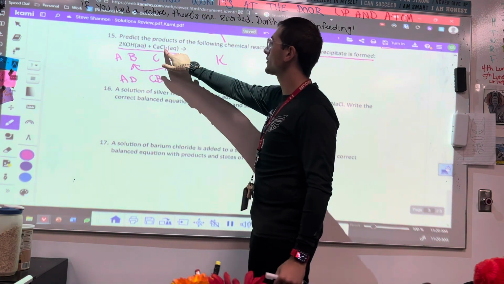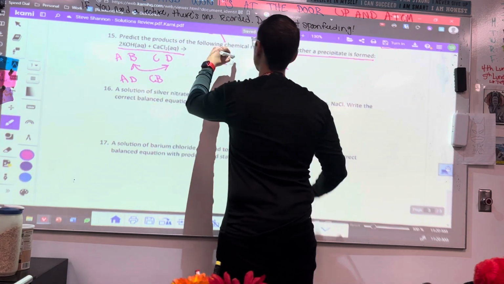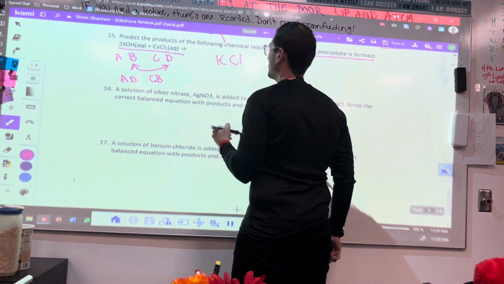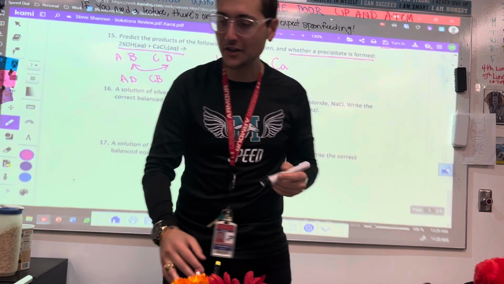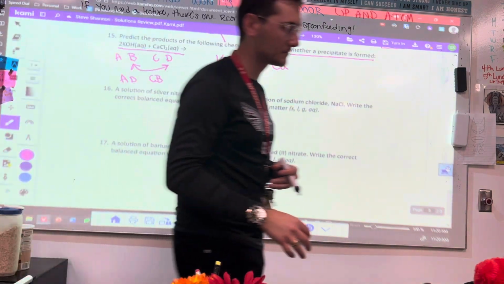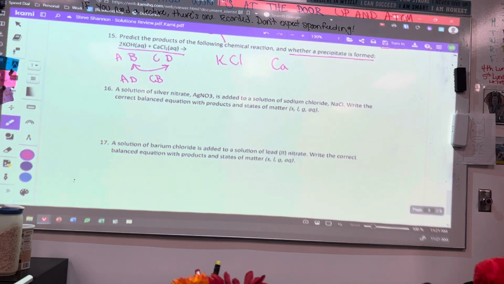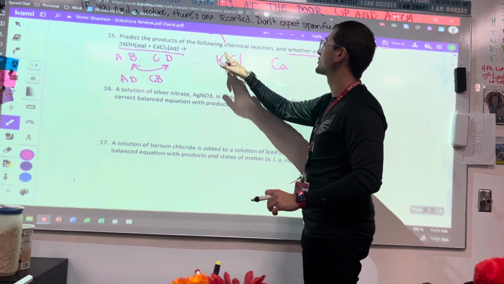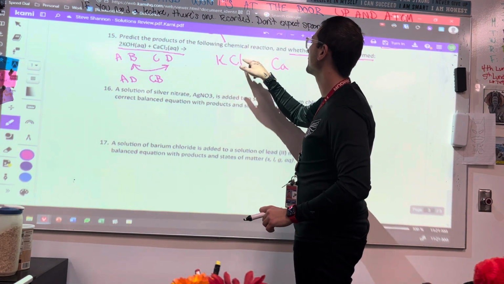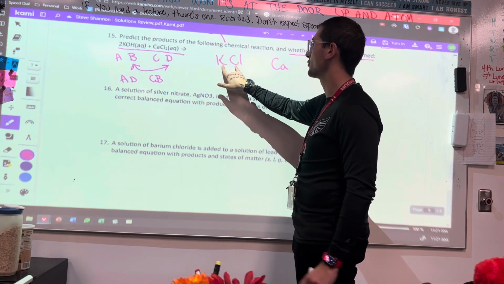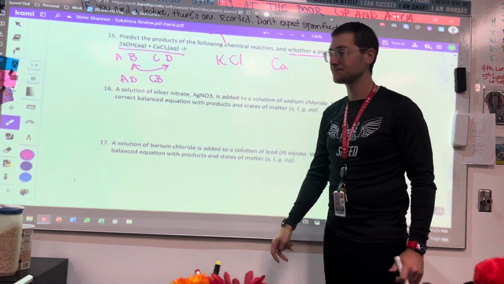But now this chlorine needs to go to potassium, and I have to match up their charges and make sure nothing cancels. Since potassium is in the first group and chlorine is in the 17th group, this charge would be +1, this charge is -1, they cancel out. I do the swap and drop, it is KCl.